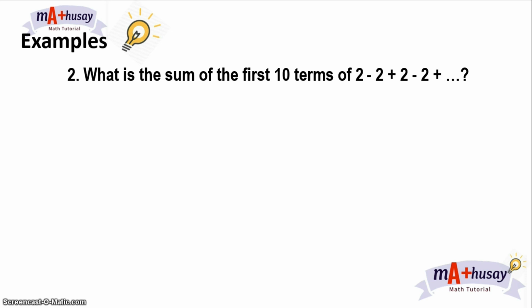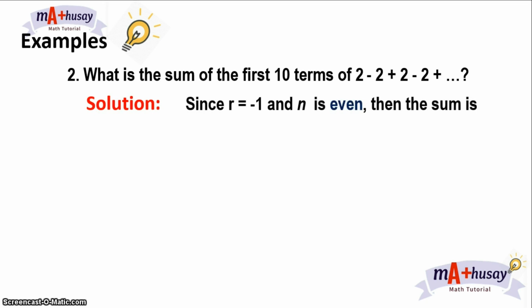How about example number 2? What is the sum of the first 10 terms of 2 minus 2 plus 2 minus 2? Now, in this problem, we know that r is equal to negative 1, because the terms in the sequence are 2, followed by negative 2, then positive 2 again, then negative 2, alternating terms.